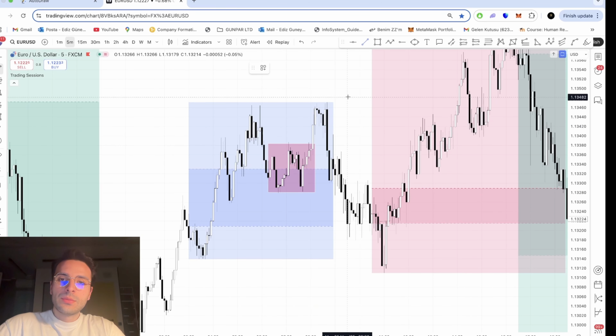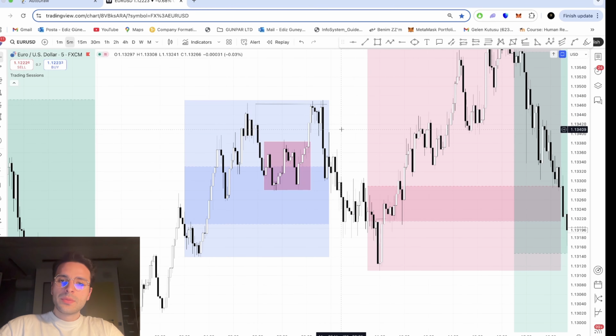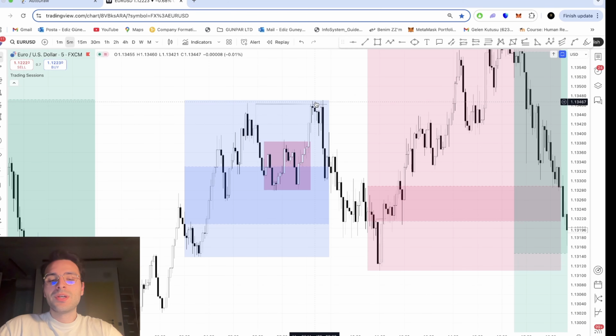Also, here we have buy side liquidity as well. So as you can see, the people who shorted at this level, who see this as a resistance level, are being stopped out. All the people who have placed short positions at this level are being stopped out. And what is next? All the people who have put in their buy orders are getting stopped out.